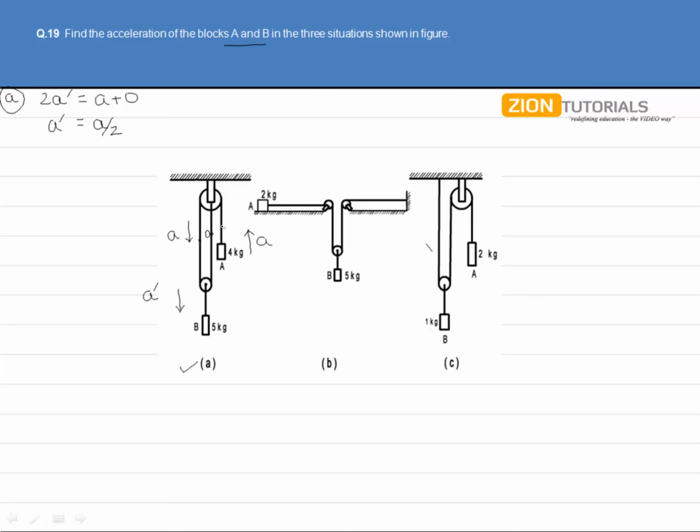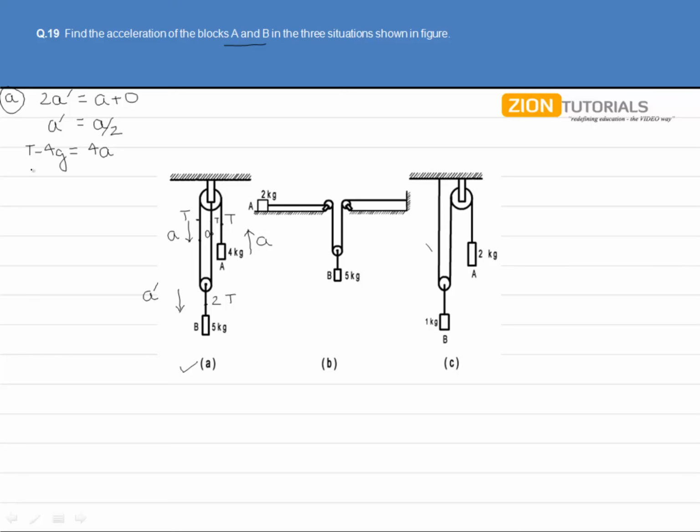Also, if tension in this string is T, then it will be T over here, and 2T over here. So we can write T minus 4g equals 4a.